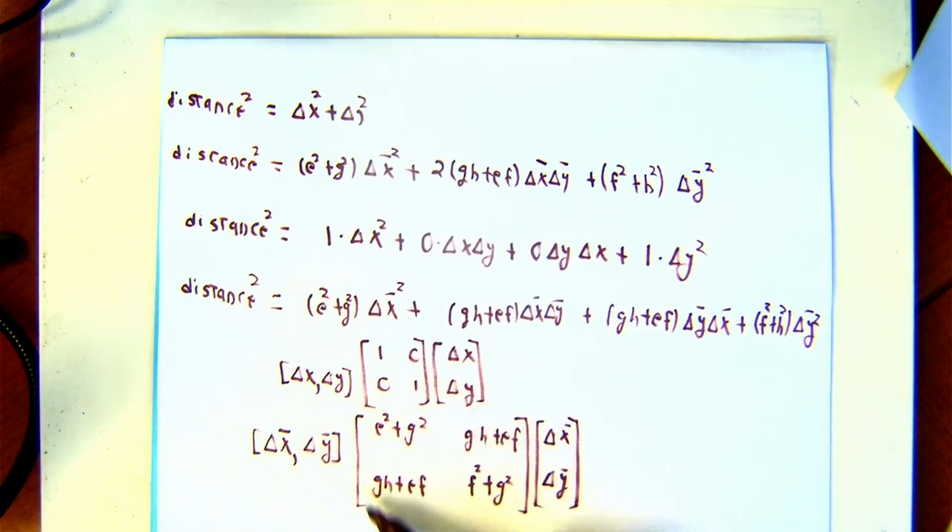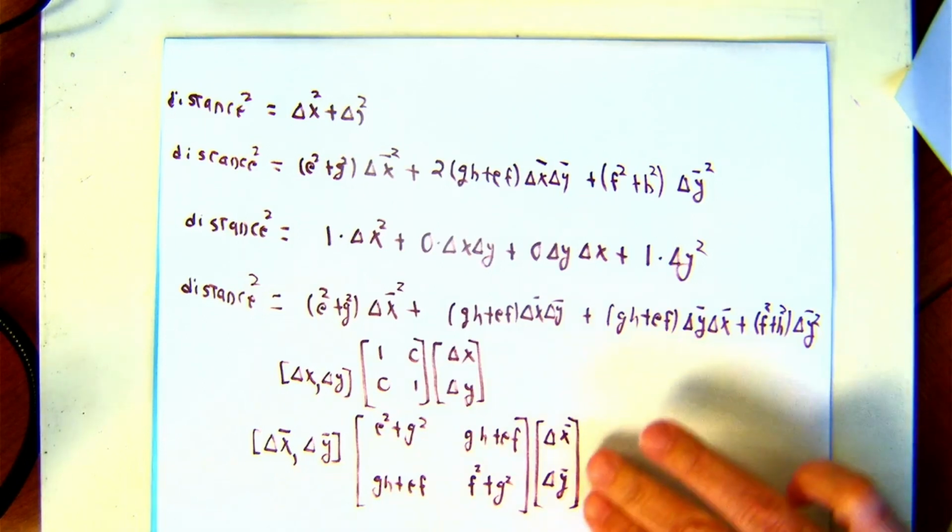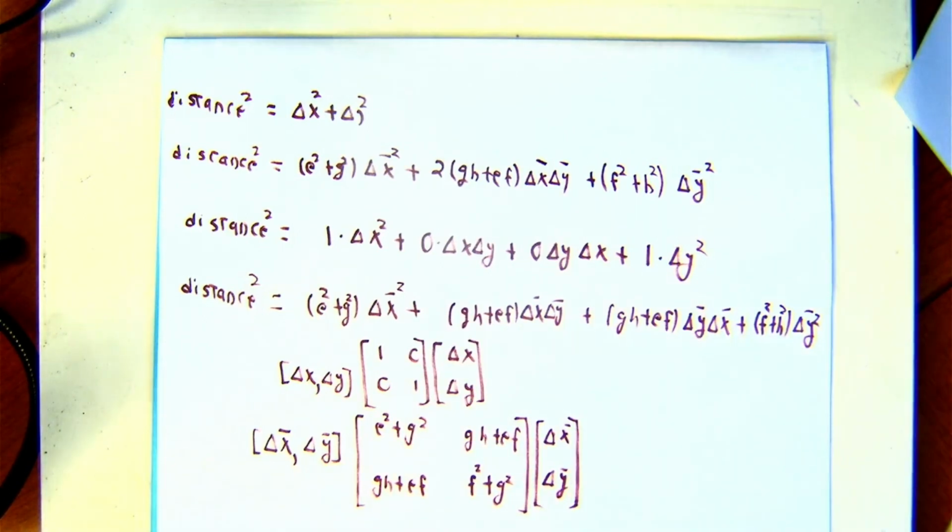None of these numbers depend on any of the coordinates. They're constants. There will be a constant 2 by 2 matrix so that I do row of the changes in coordinates times matrix times column of changes in the coordinates, and this will give me my distance squared in terms of the changes in the barred coordinates, not the unbarred ones.